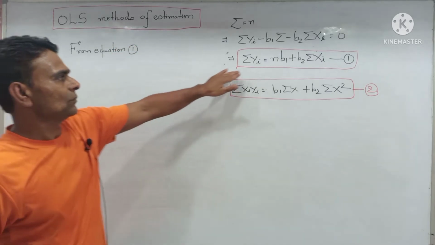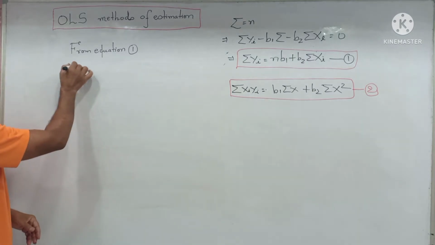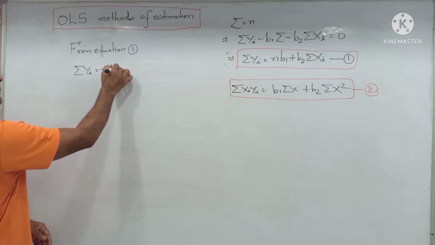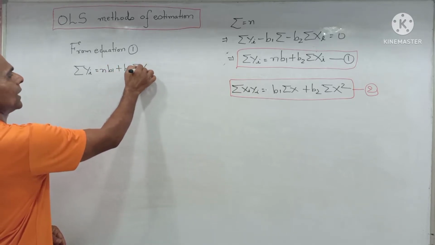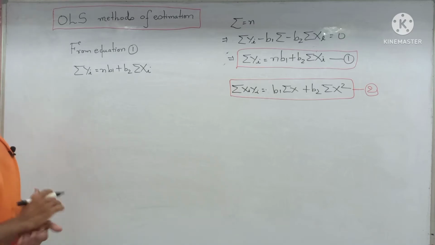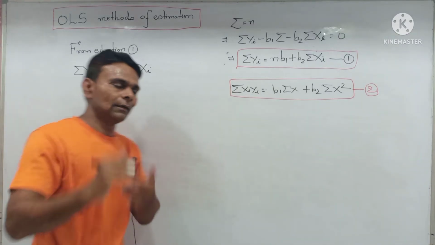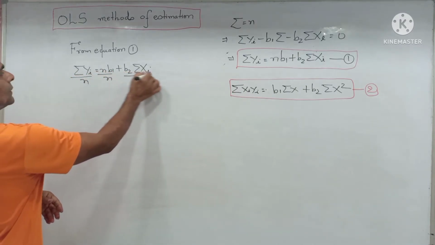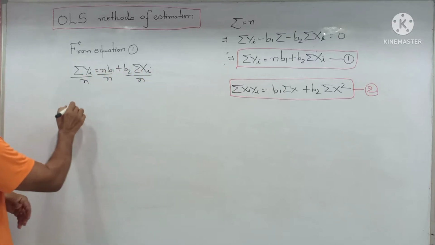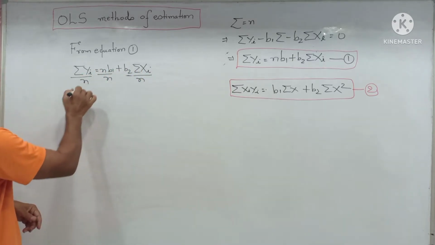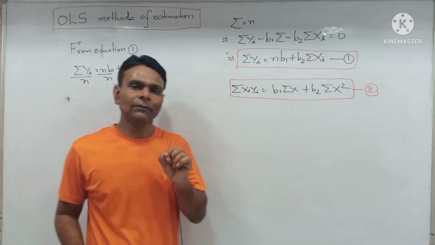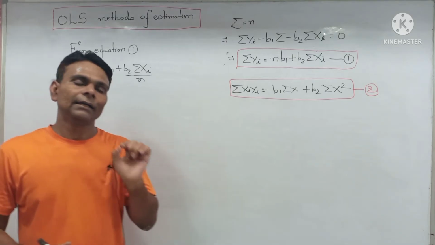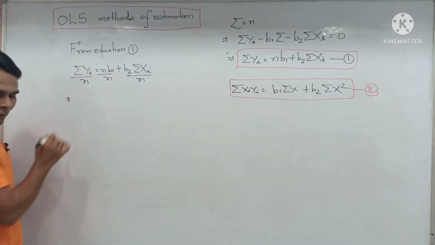You can see equation 1 is given here: summation of yi equals n b1 plus b2 summation of xi. If we divide both sides by n, summation of yi by n becomes the mean, because the mean represents the sum of items divided by the number of items.